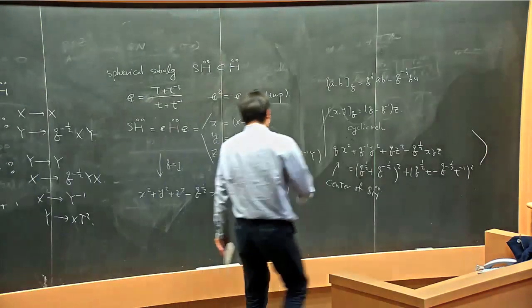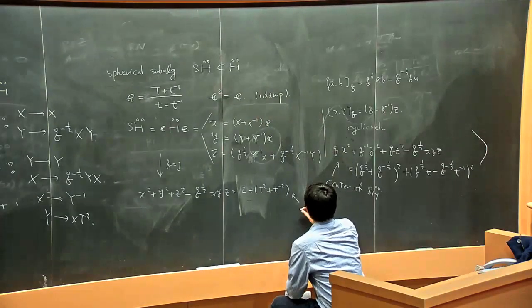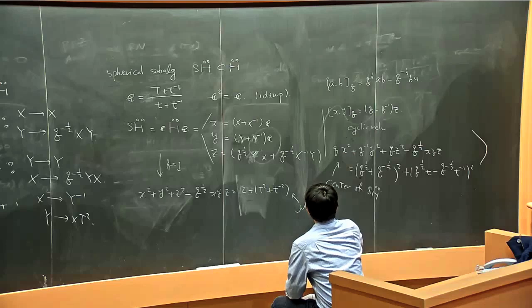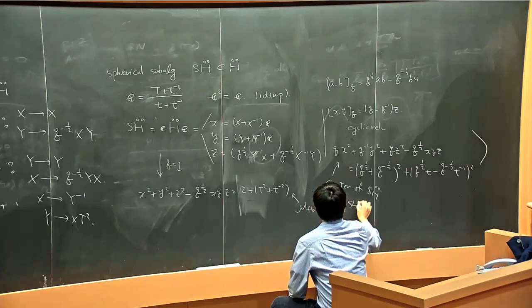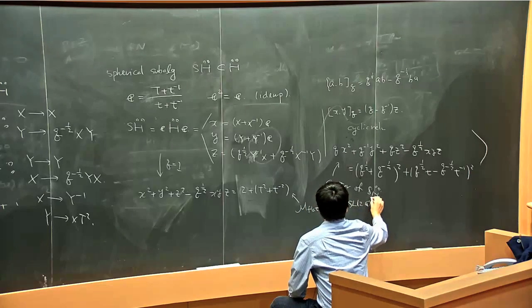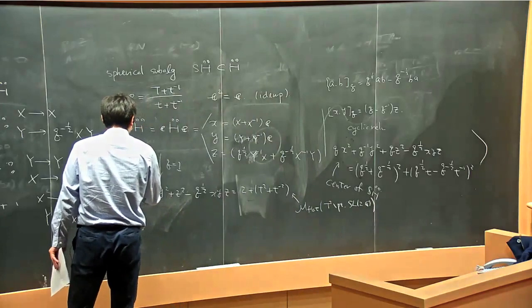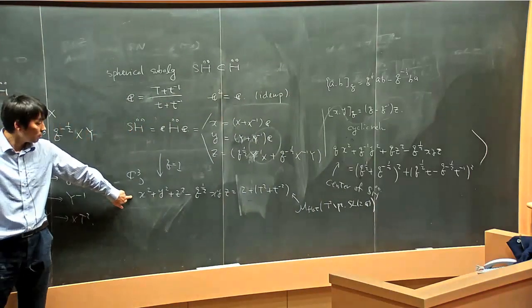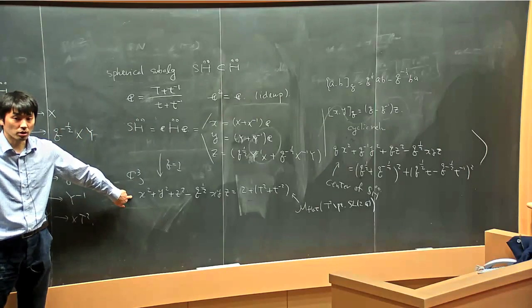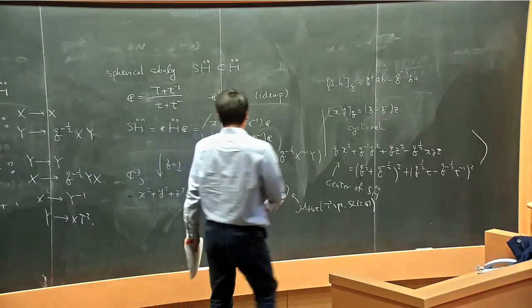In fact, this describes the moduli space of flat connections of T2 mod point, or SL2C. So inside C3, you just have a hypersurface defined by this cubic equation, which defines the moduli space of flat connections.